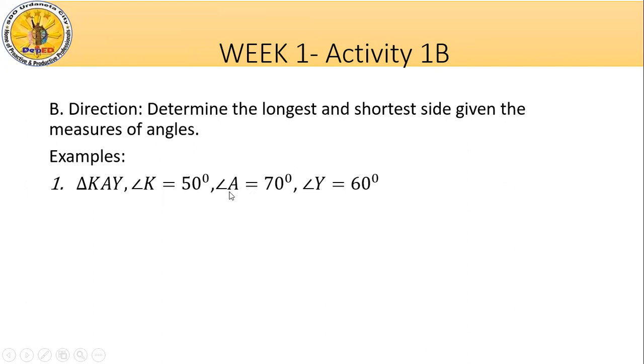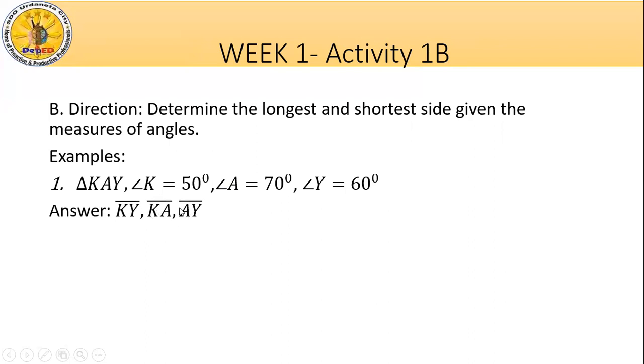It's angle A. And what is the side opposite angle A? Same here. What is the missing letter? So, it's KY. That is the longest side. And here, the smallest angle is angle K. So, therefore, the shortest side is AY.